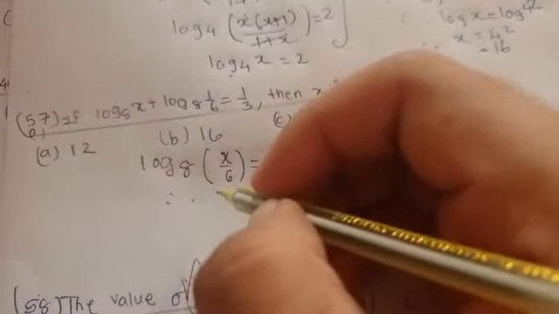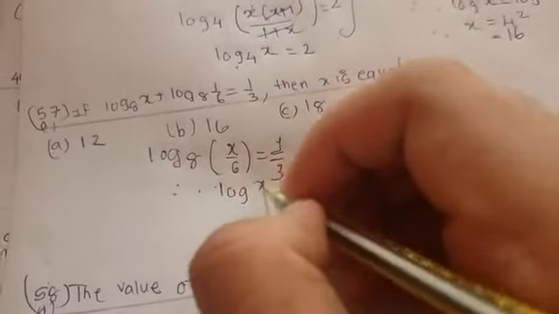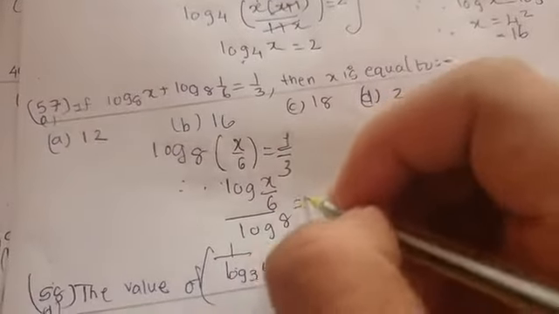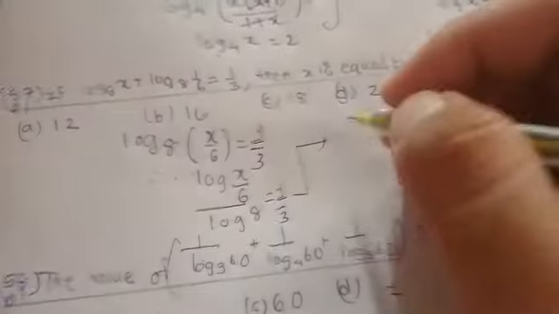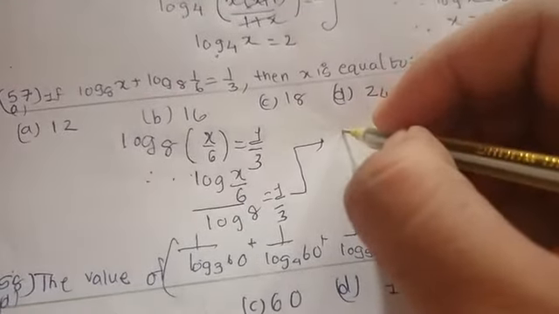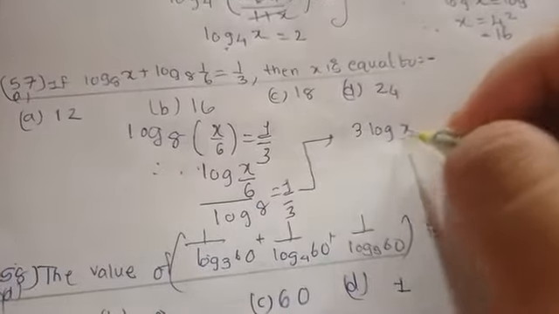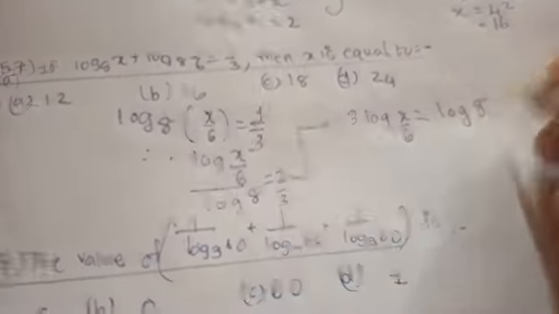Now applying change of base property, this can be written as log of x by 6 upon log of 8 is equal to 1 by 3. This can be written as 3 into log x by 6 is equal to log 8.